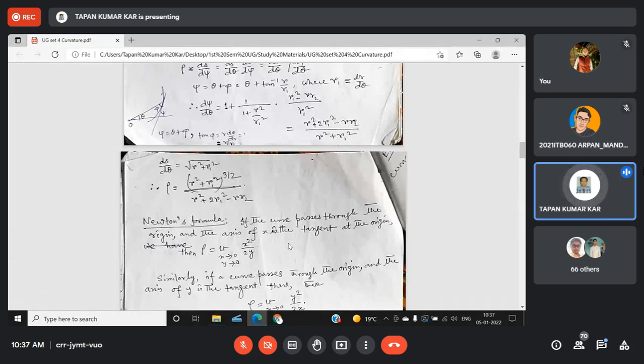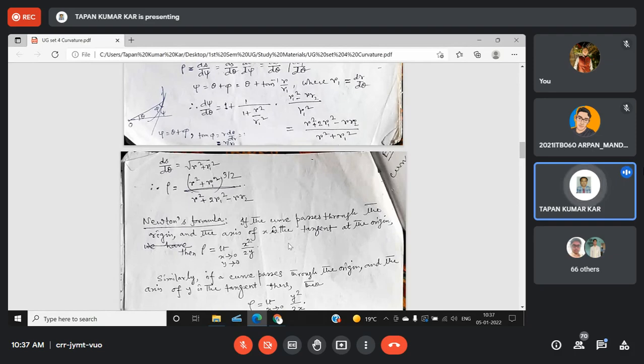It is also possible to convert this polar curve into Cartesian form, then use the Cartesian formula, but again it will take time. Sometimes it also takes time to convert the polar form into Cartesian form. So it is better to remember at least two formulas: one is the Cartesian form, another is the polar form.